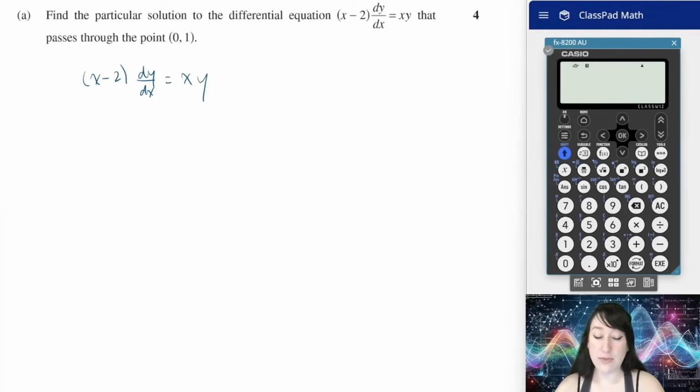Let's get the x stuff on one side and the y stuff on the other. Since dy is in the top of the dy/dx, I'm going to move the x minus 2 and the dx onto the right, and I'm going to move the y from the right onto the left.